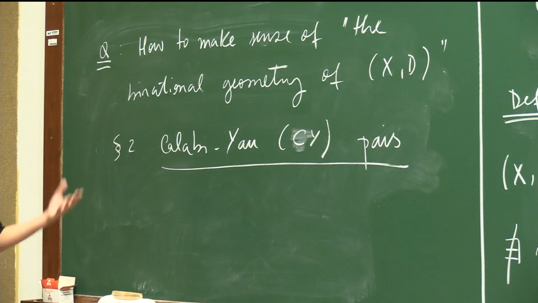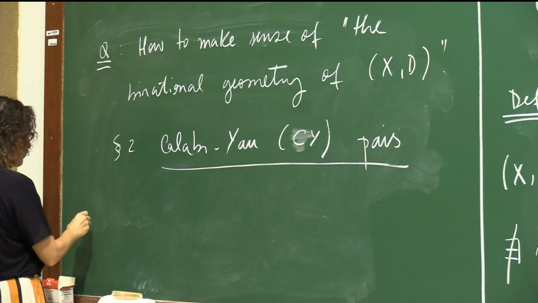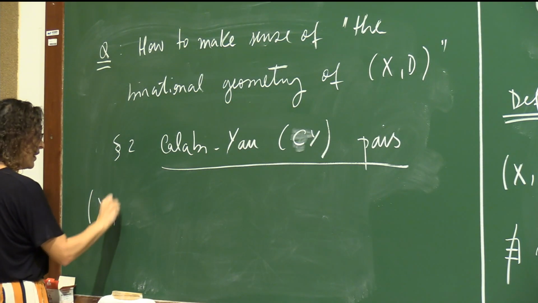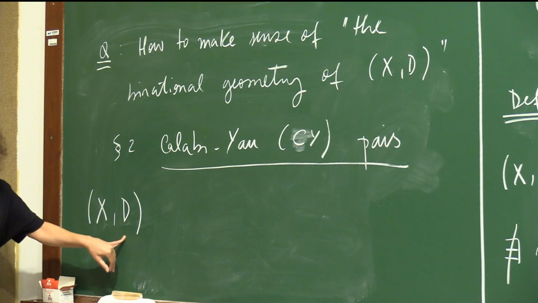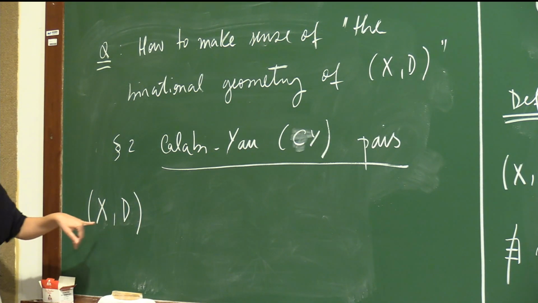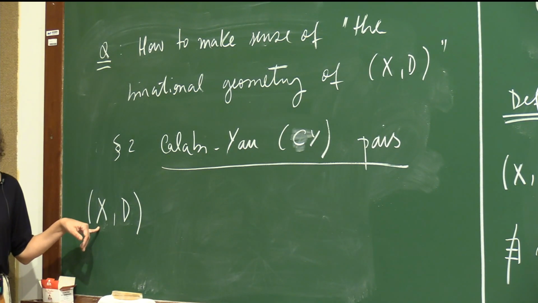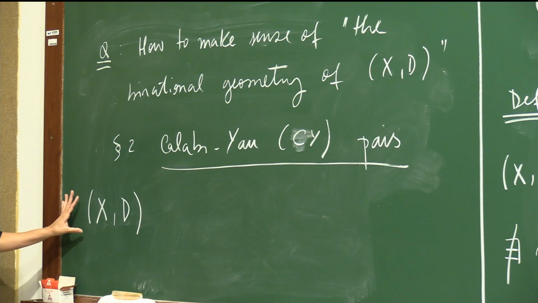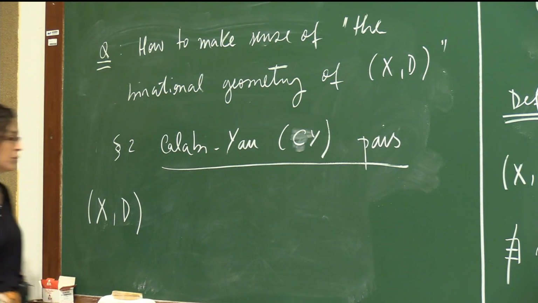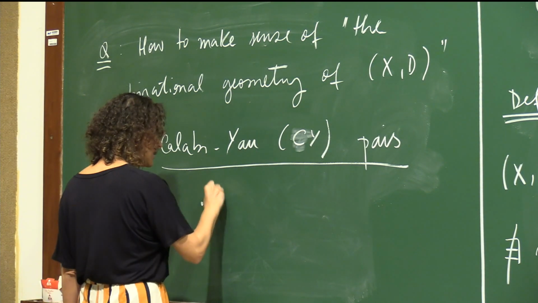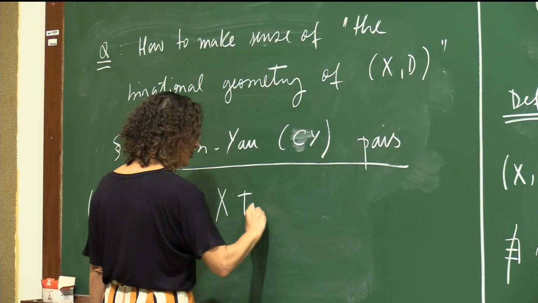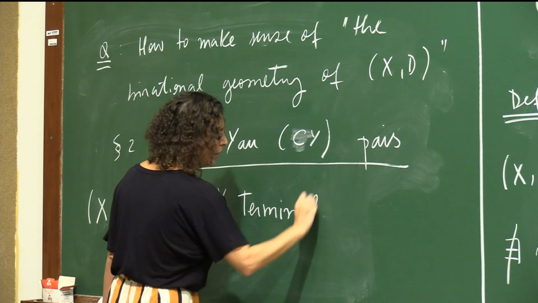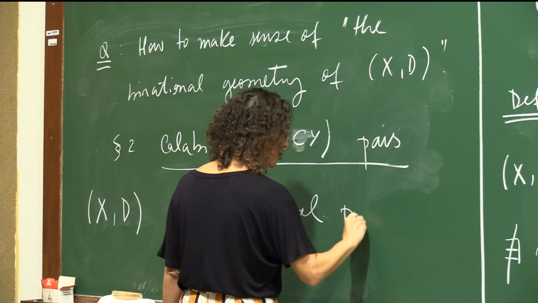So let me define what I mean by a Calabi-Yau pair. For me, a Calabi-Yau pair is a pair (X, D) where, again, now I will relax a little bit the assumptions on X. I will not require that X is necessarily smooth, but I will ask that X is a terminal projective variety.